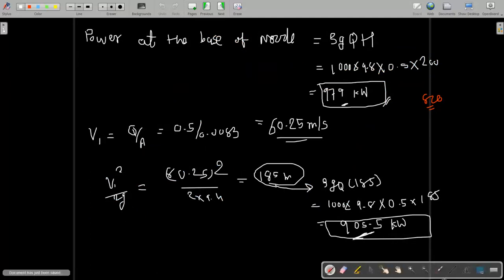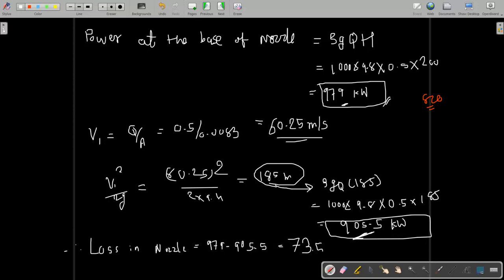So you can write easily that loss in nozzle is equal to 979 kilowatt, it is available at the base, minus how much power it is giving to runner, it is giving to runner 905.5. So the difference, that is 73.5 kilowatt. So this much power is lost in the nozzle.